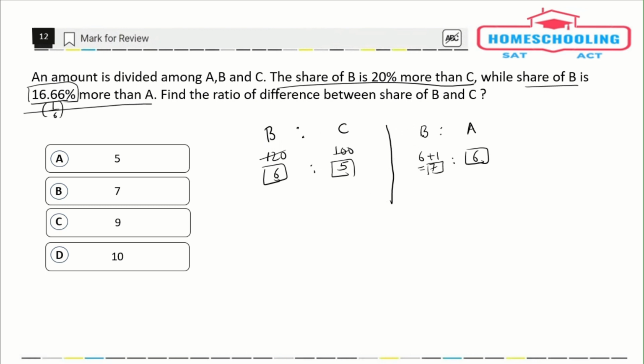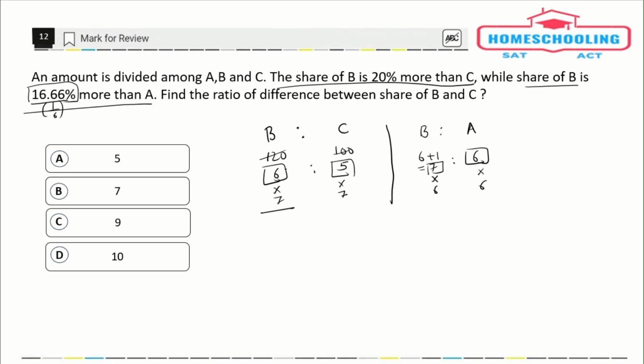So we can see that B is common in both the statements. So we would try to equate B in both the statements. If we want to equate both the B's, then what we're going to do here is multiply this by 6. Similarly, this one will also be multiplied by 6, and this one would be multiplied by 7, and this one would also be multiplied by 7.